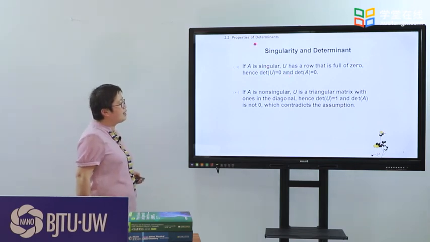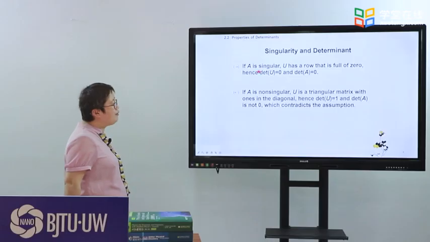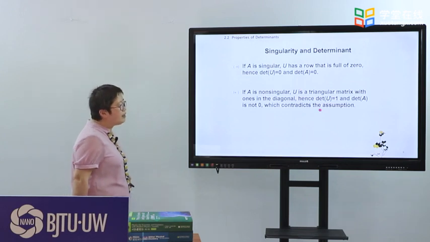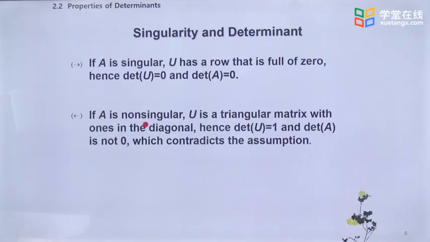And for the other direction, we want to show if determinant of A equals 0, then A is singular. If A is non-singular, then we derive a contradiction. If A is non-singular, U is a triangular matrix with ones in the diagonal.